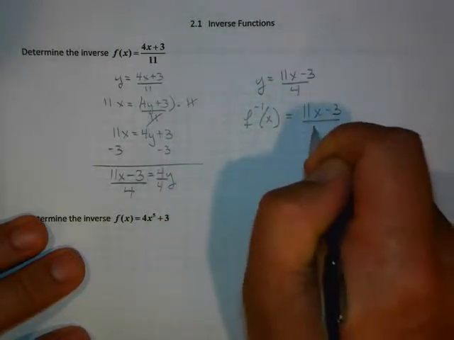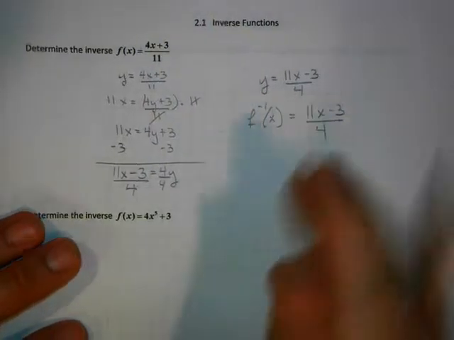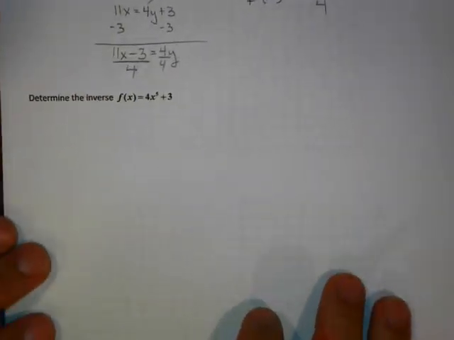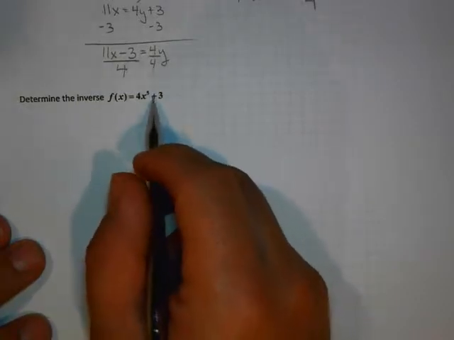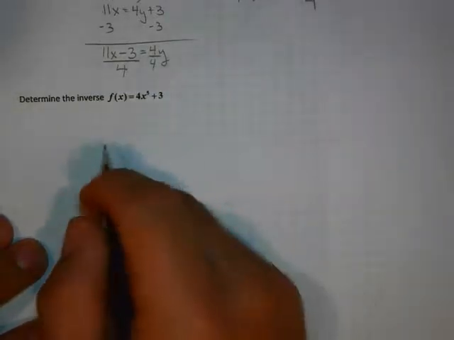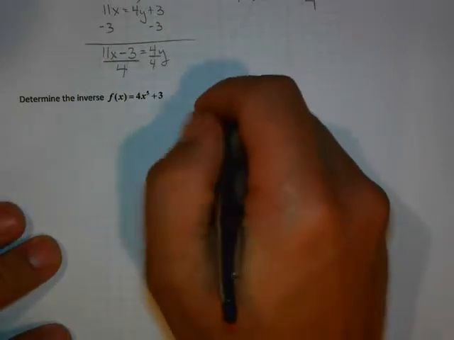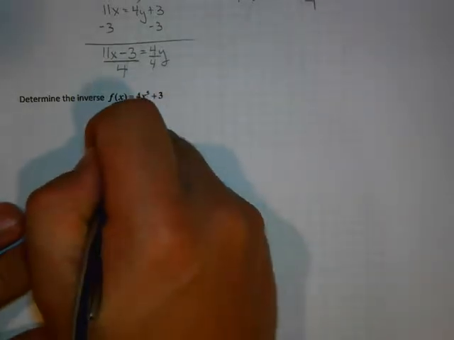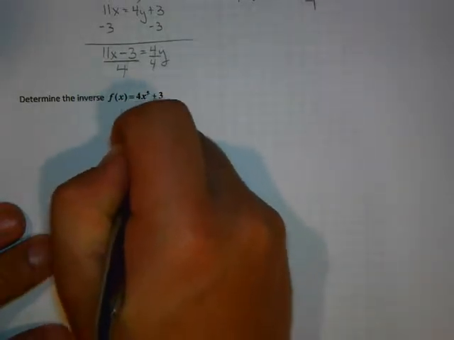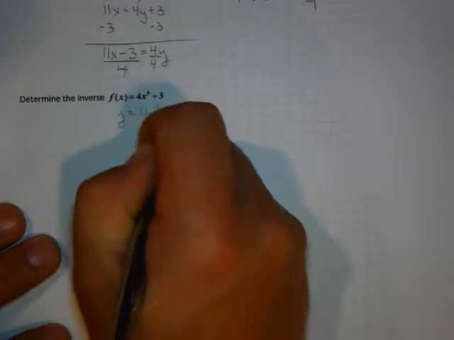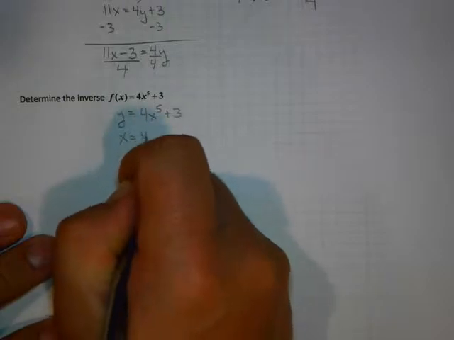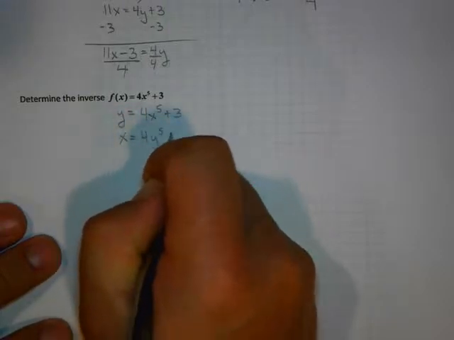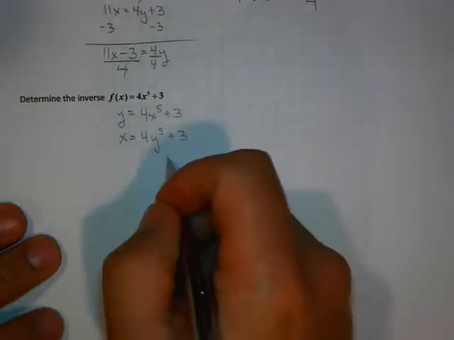So you try this one. f of x equals 4x to the 5th plus 3. The inverse, well, I guess we'll do it. y equals 4x to the 5th plus 3. Switch your x and y. x equals 4y to the 5th plus 3. Solve for y. x minus 3 equals 4y to the 5th.